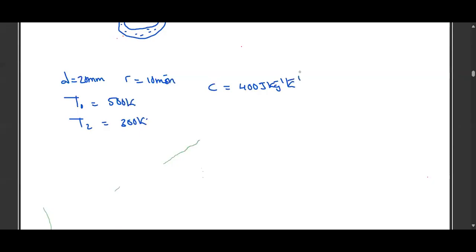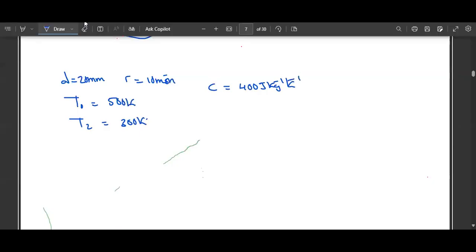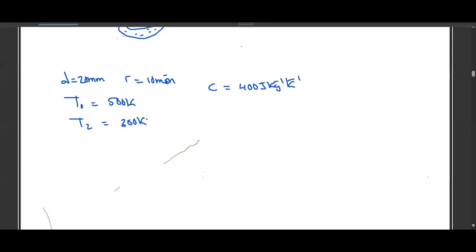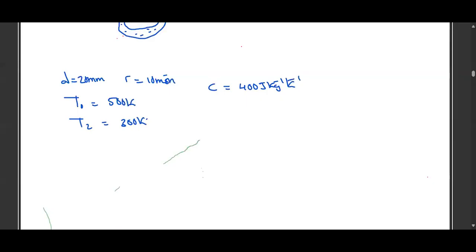That is the specific heat capacity of the copper. What else has been given in the question? I think that is all. So initial 500, then the surrounding is 300. They want us to come up with the rate at which the temperature is going to be dropping.